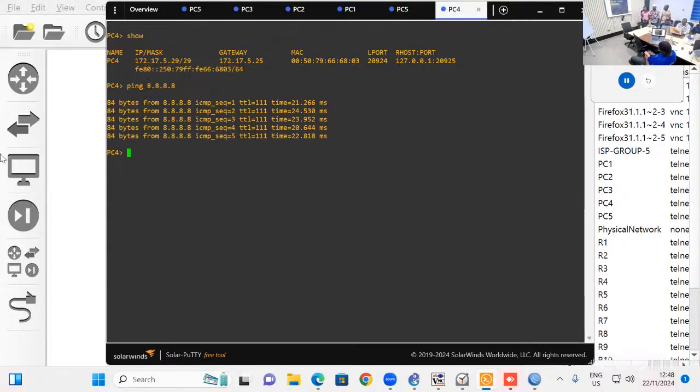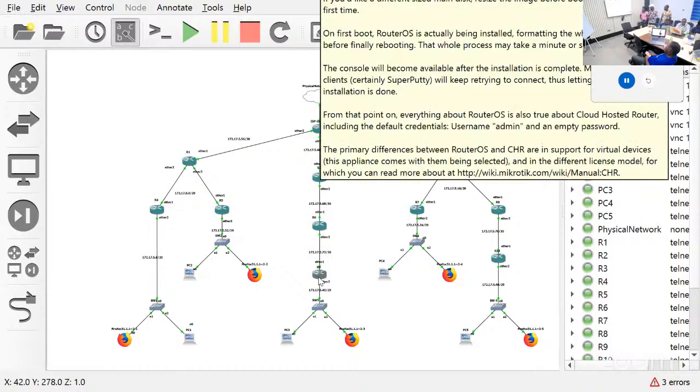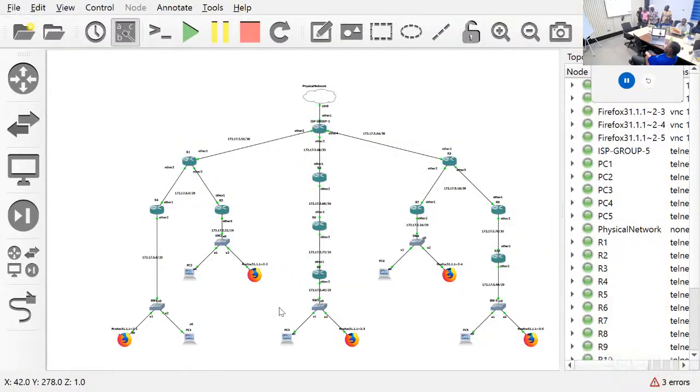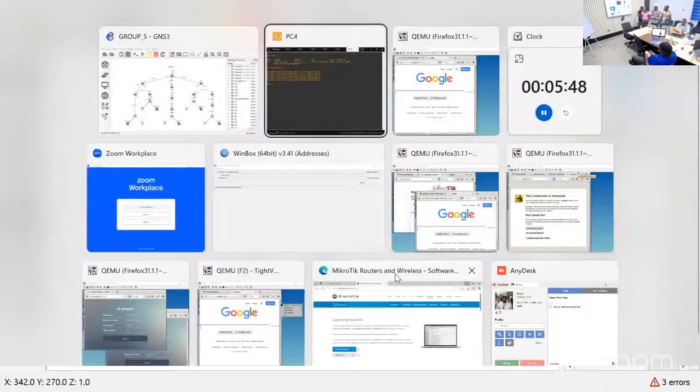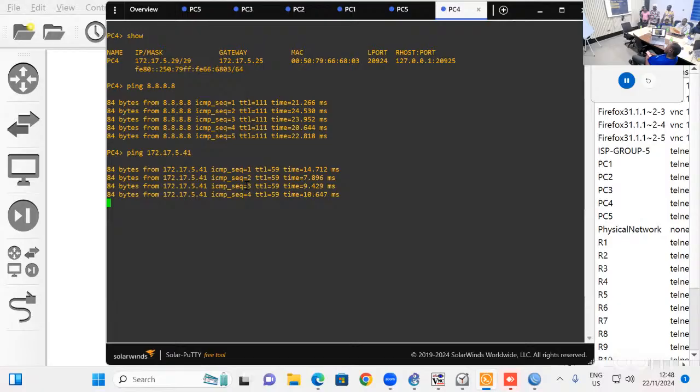Okay, can you give me the IP address of this router here? That is 172.17.5.41. Yes. Okay, so ping 172.17.5.41. All right, end-to-end connectivity.